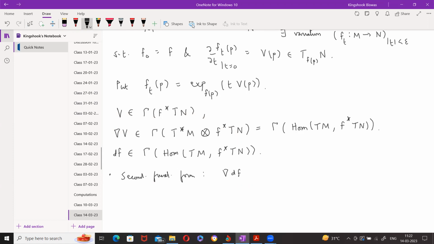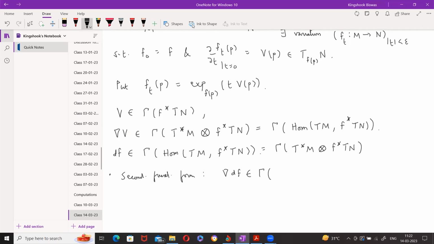So here dF is a section of this bundle, T star M tensor F star TN. So nabla dF would be just a section of the bundle given by tensoring with one more copy of T star M, right?